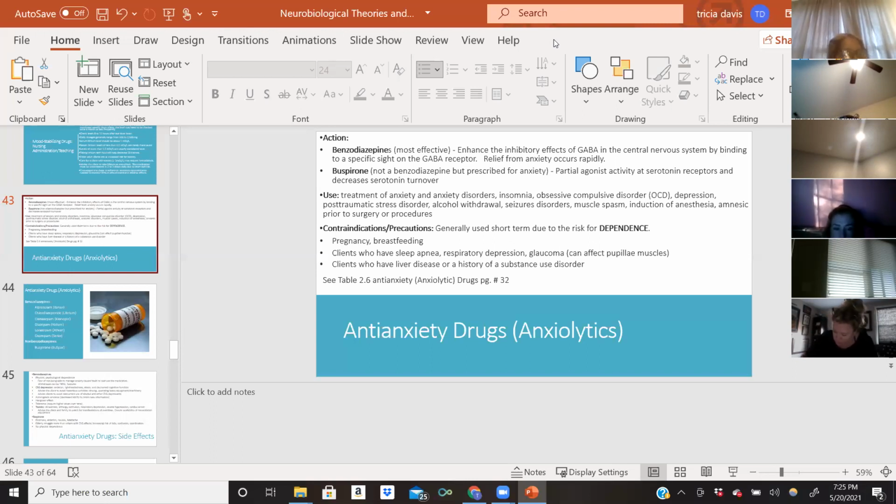We would use cautiously in patients who are pregnant or breastfeeding, cautiously with clients who have sleep apnea or respiratory depression because it can decrease their respiratory system, and glaucoma. It can affect the muscles in the eye and cause open angle glaucoma. And then clients who have liver damage or a history of substance abuse disorder, you would not want to prescribe these medications.